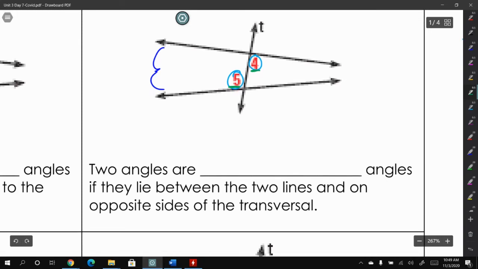So we call those alternate interior angles. And if you think about it, it makes sense. They're on alternate sides of the transversal of each other, like one's on the left side, one's on the right side. And then, like I said, they're on the inside of the two lines that were given.